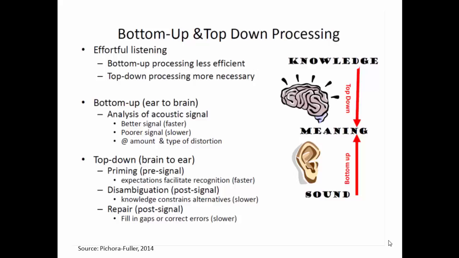When that signal is poor, it slows down and makes it more difficult for the person to process. And we can also look from the top down, brain to ear, and know that a person's knowledge of language and their overall declining cognitive health has an impact on how they communicate. So I think this slide does a nice job of summarizing the complexity and the interconnectedness of the entire aging auditory system. And hopefully in your reading that will become more apparent.